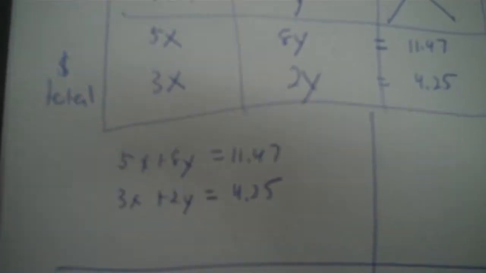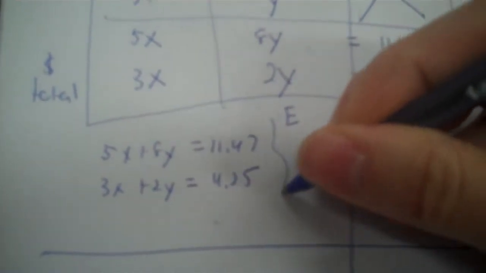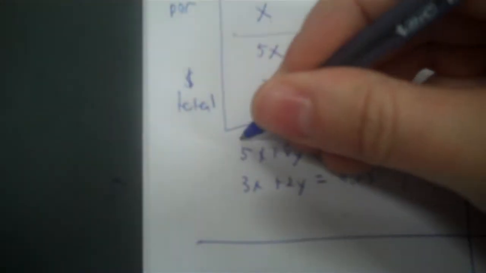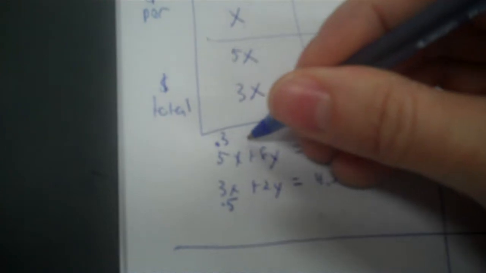Okay, so obviously you want to use the elimination, okay? And that's 8, that's 10, and neither one of them is the same, so I'm going to go times 3, and then times down here by 5. That'll get us both to 15x, but then I got to times the rest of this by 3, and the rest of this by 5, okay?